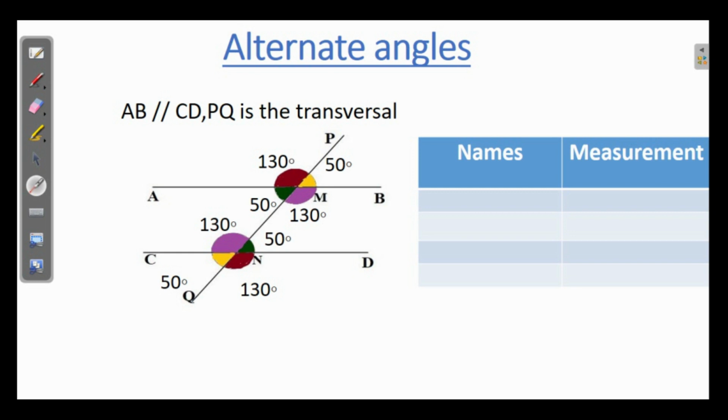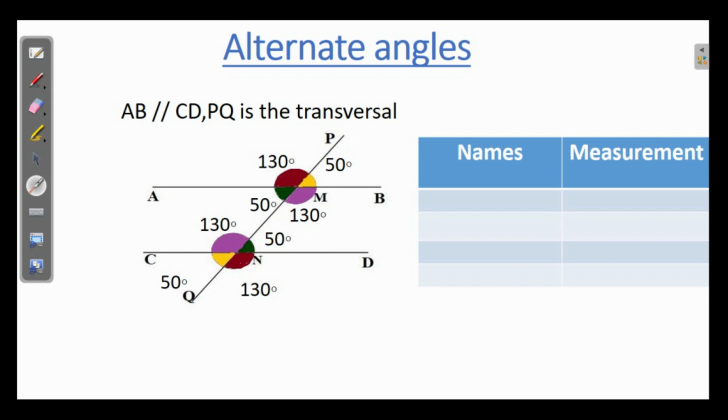One is at the left of PQ and the other is at the right of PQ, and one is at the point M and the other is at the point N. So these are alternate interior angles, or if you are saying simply alternate angles, that also will do.